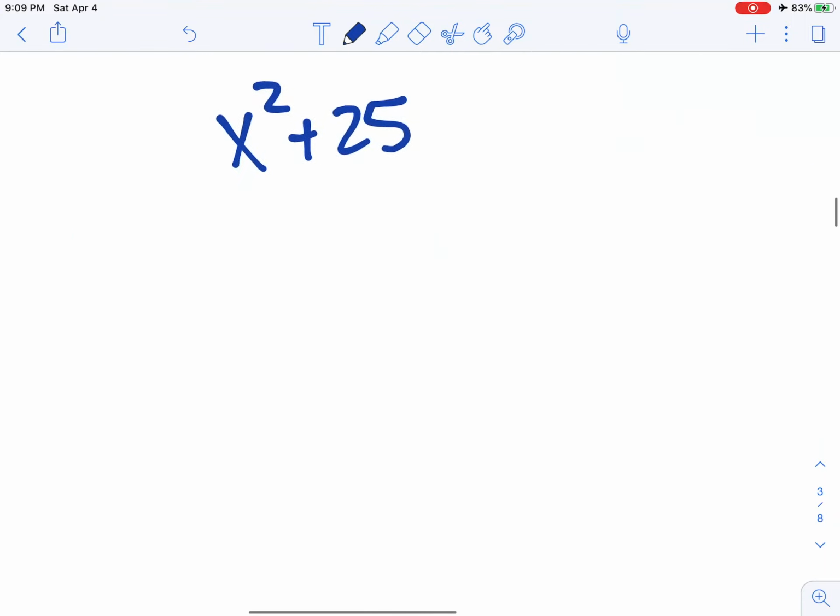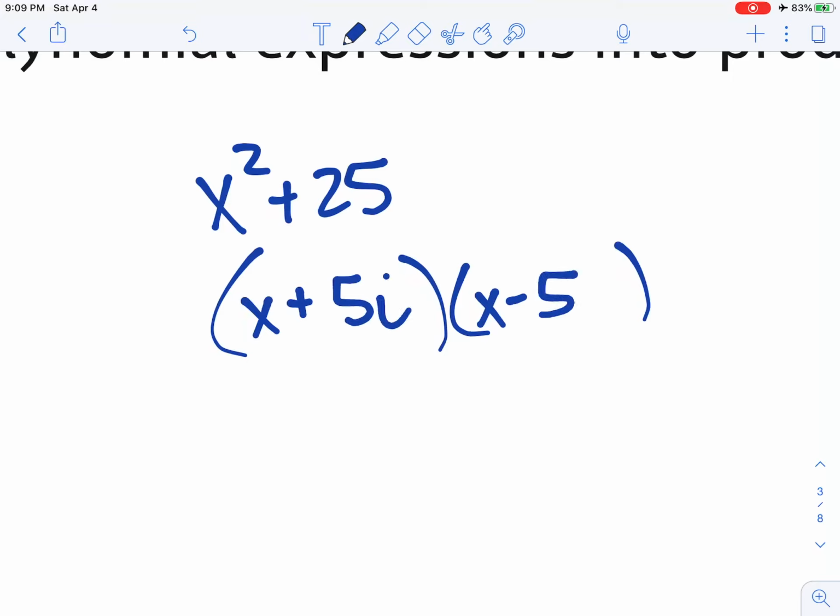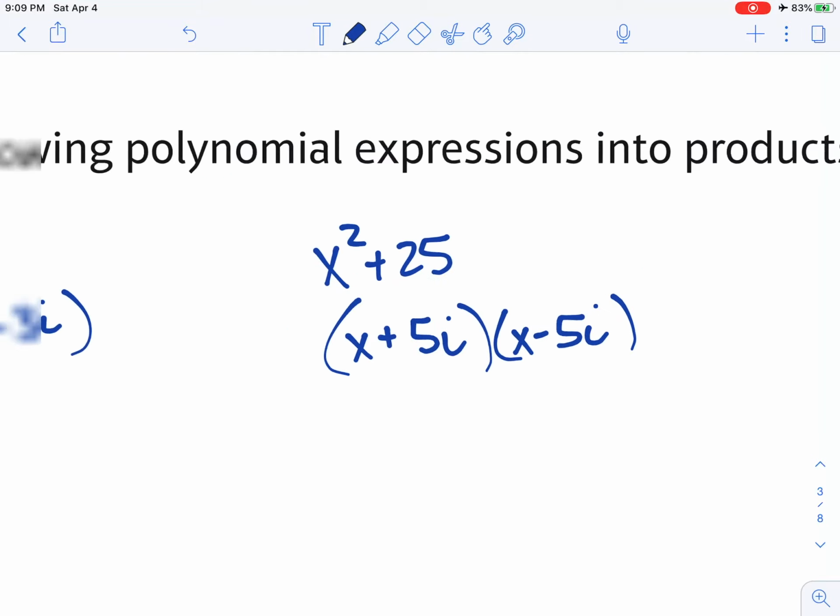Before we do number 9, we're going to do another one. So if I had x squared plus 25, right? Okay. So again, because it has plus instead of minus for the difference of squares, we get 5i, 5i.